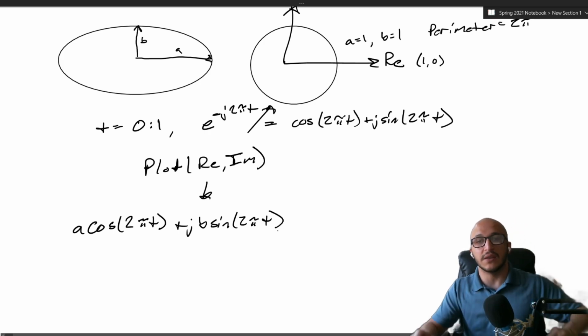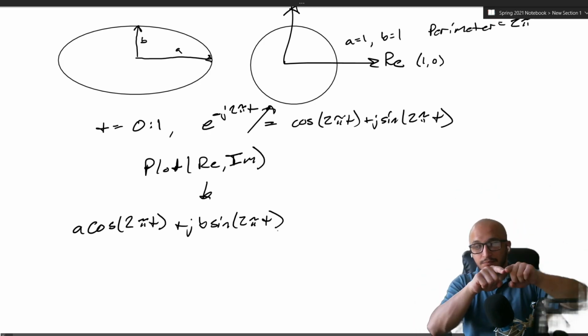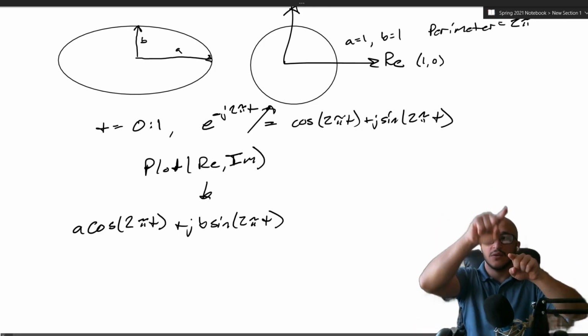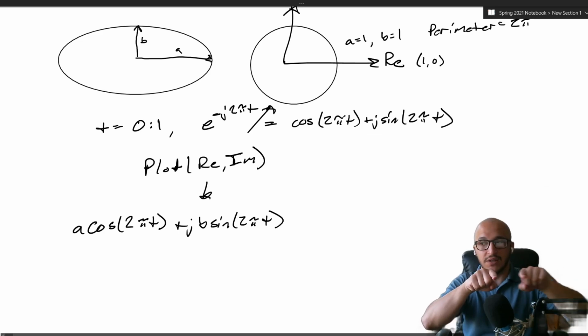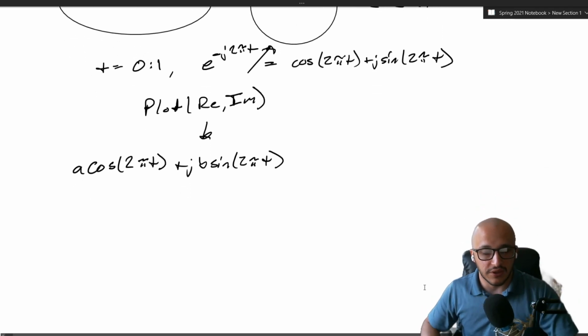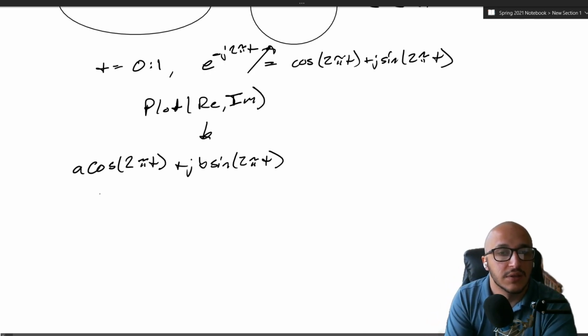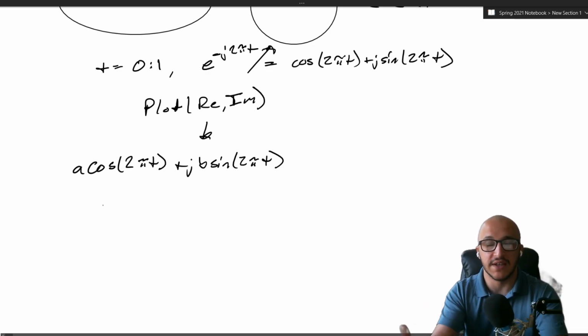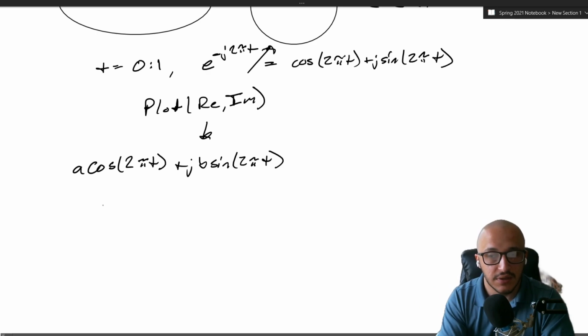And then you can actually weight your ellipse based on an a and a b value, where b is the offset in the y direction and a is your offset in the x direction. With that, we have a mathematical way to represent this equation.